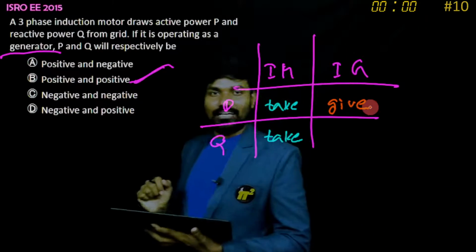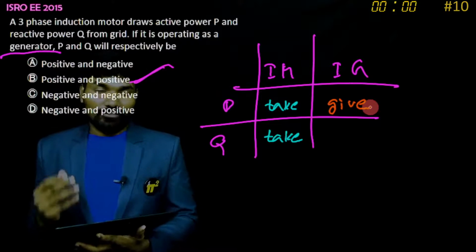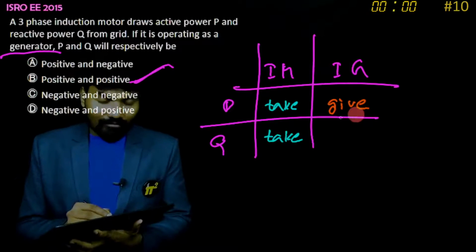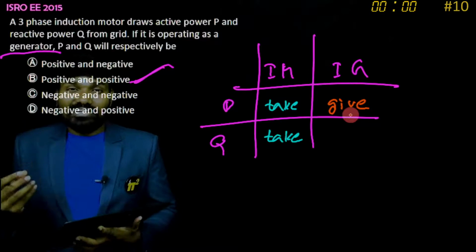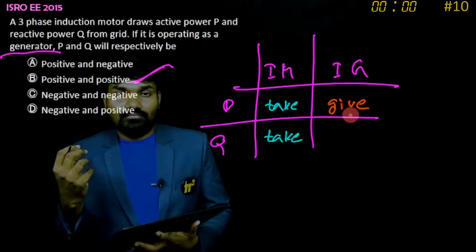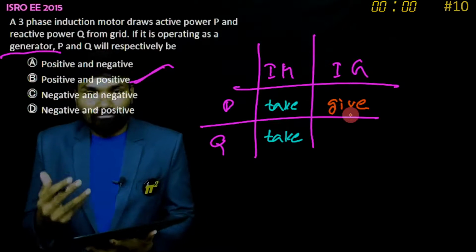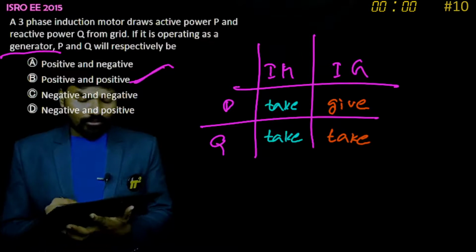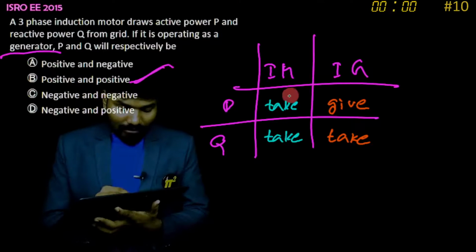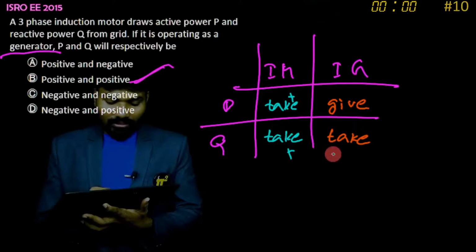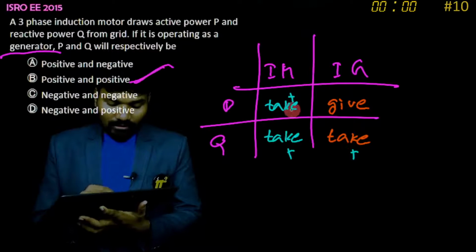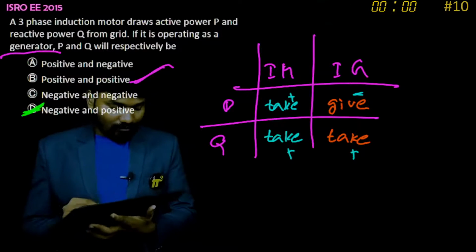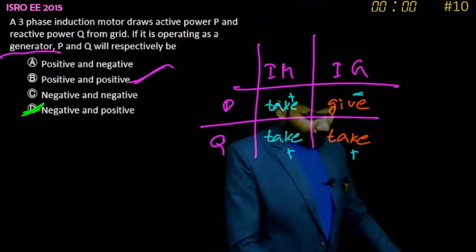Active power delivered. If it is an induction generator, it will give the active power, but an induction machine needs some reactive power to produce the flux, so it will still take the reactive power. I'm taking taking as positive, so this is the same, positive; this is reverse, so this will be negative. So P will be negative, Q will still be positive.